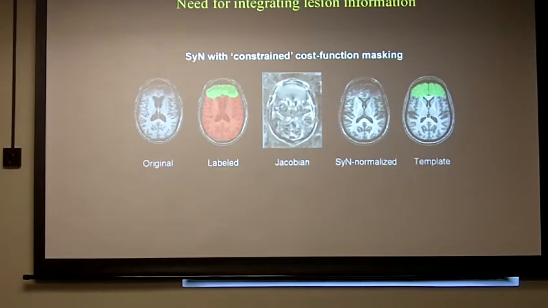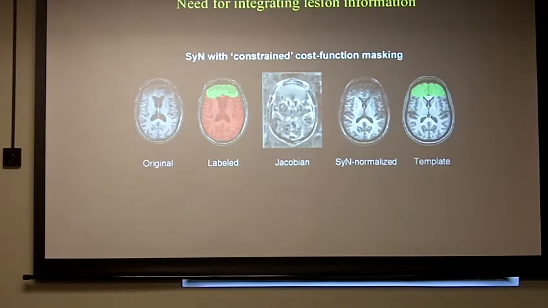So you draw this lesion mask, and then instead of totally excluding this lesion area from calculating the cost function, you use perilesional values to fill up the missing velocity field within the lesion.